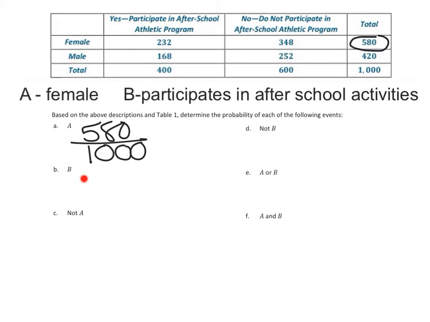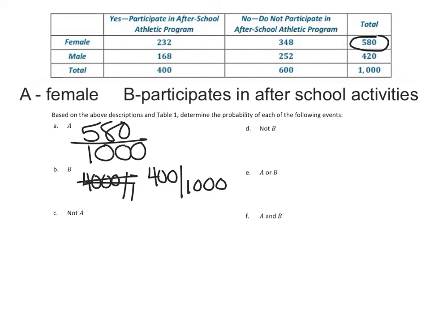B, the probability that we are B, which participates in after-school activities. That's 400 out of 1,000. Now C says the probability you are not A, so the probability you are not female.